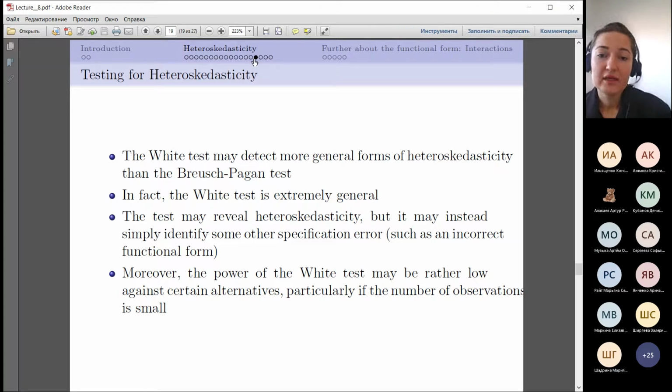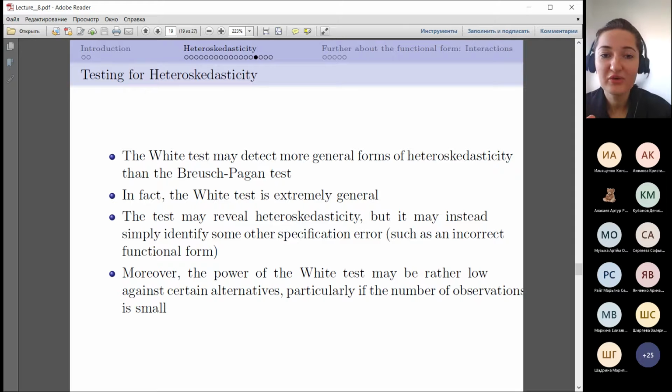But the test may reveal heteroscedasticity, or it may instead simply identify some of the other specification errors. For example, incorrect functional form, the problem that we discussed.